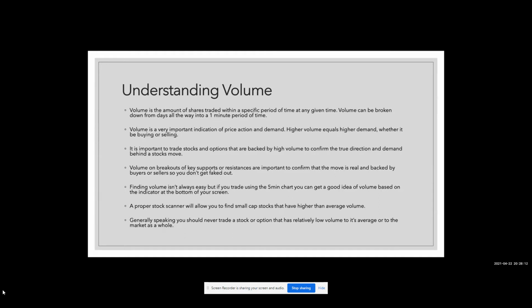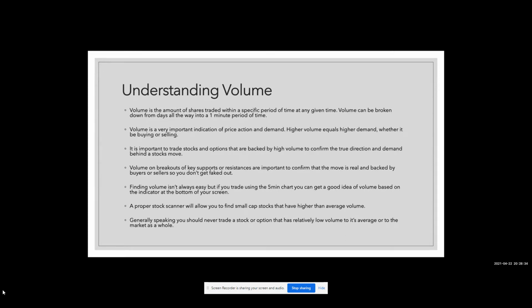So when we're talking about option contracts themselves, I personally don't like to trade option contracts unless they have over 500 or 1,000 volume on the day. When you're looking at the option contract, you want to make sure that there has been buying or selling on the contract itself. You want to make sure that it's liquid, okay?